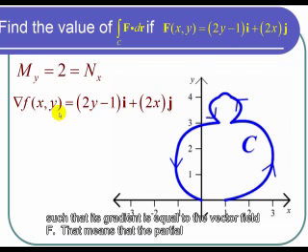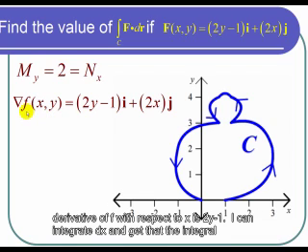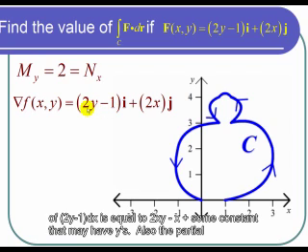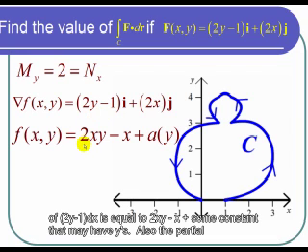So what that means is that the partial derivative of lowercase f with respect to x is 2y minus 1. So I can integrate dx and get that the integral of 2y minus 1 dx is equal to 2xy minus x plus some constant that may have y's.